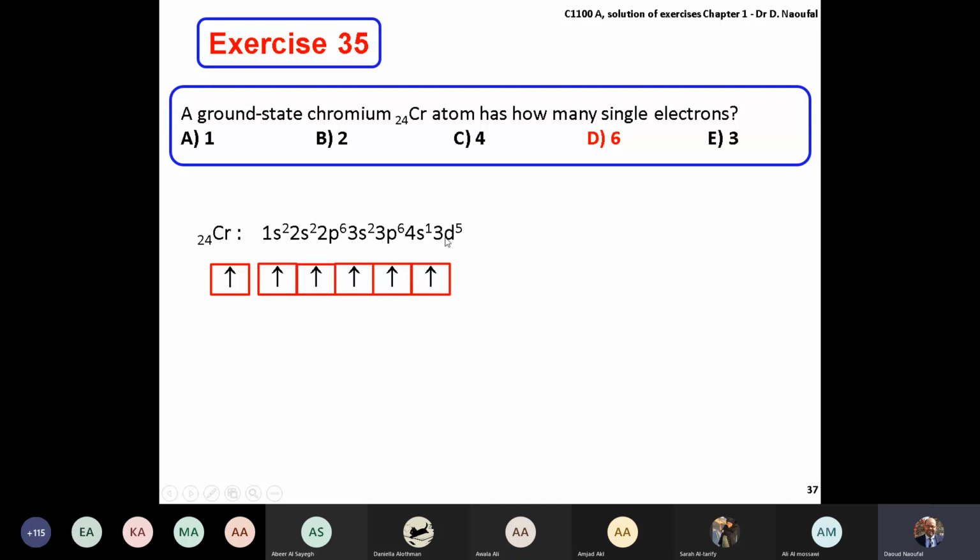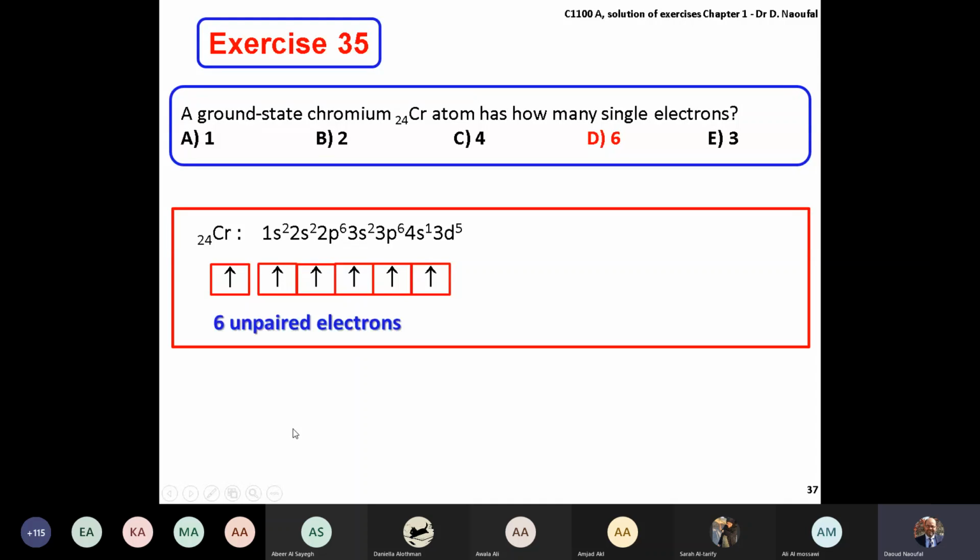We have 5 unpaired in d, 1, 2, 3, 4, 5, and we have 1 unpaired in 4s. So the number of unpaired electrons in the electronic configuration is 6 and not 5. So the answer is D.